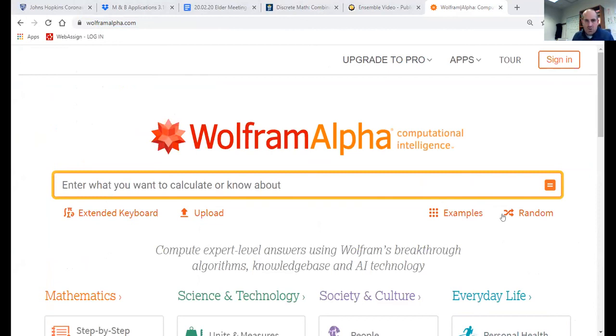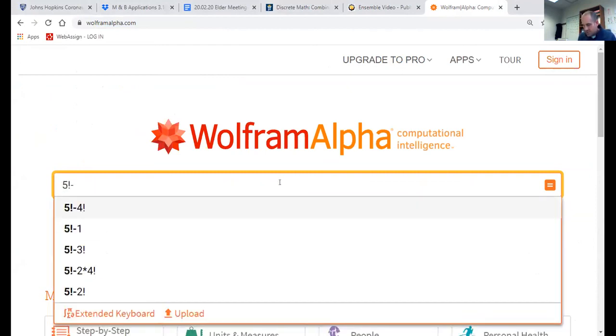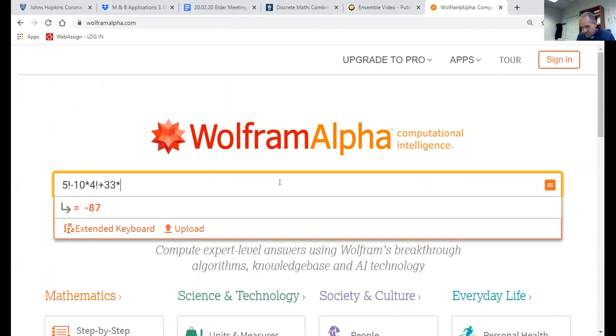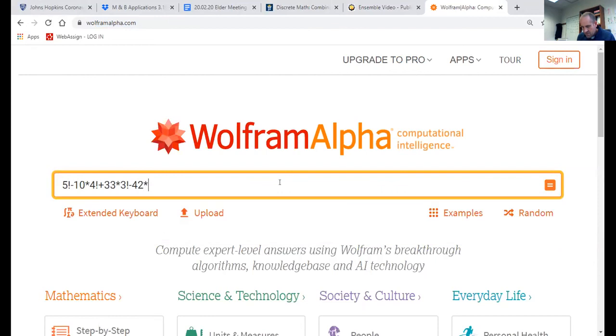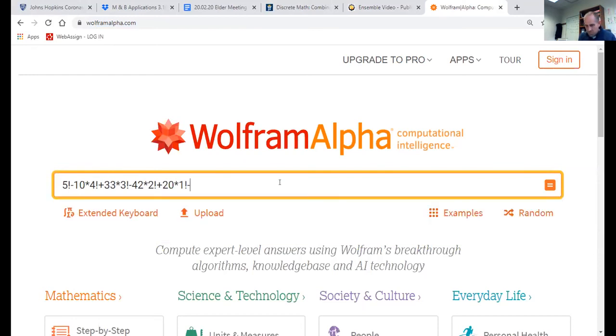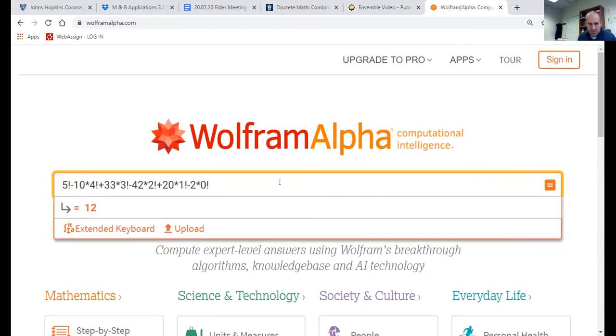Okay, so in Wolfram Alpha, it's 5 factorial minus 10 times 4 factorial plus 33 times 3 factorial minus 42 times 2 factorial plus 20 times 1 factorial, it's sort of silly, minus 2 times 0 factorial, okay?